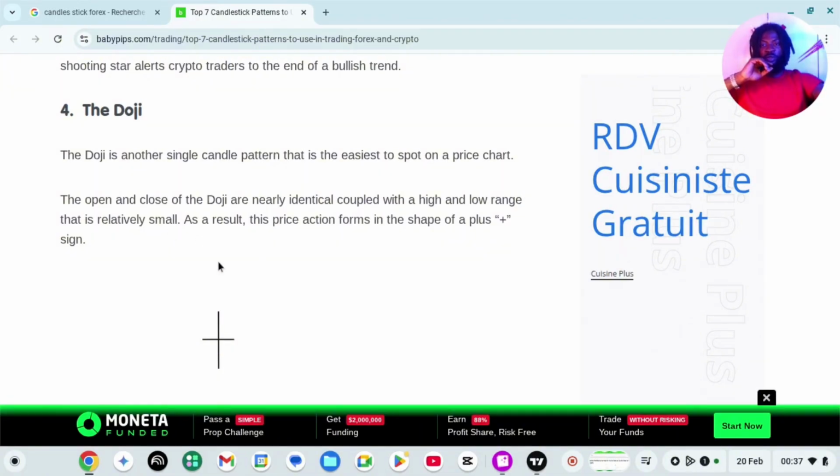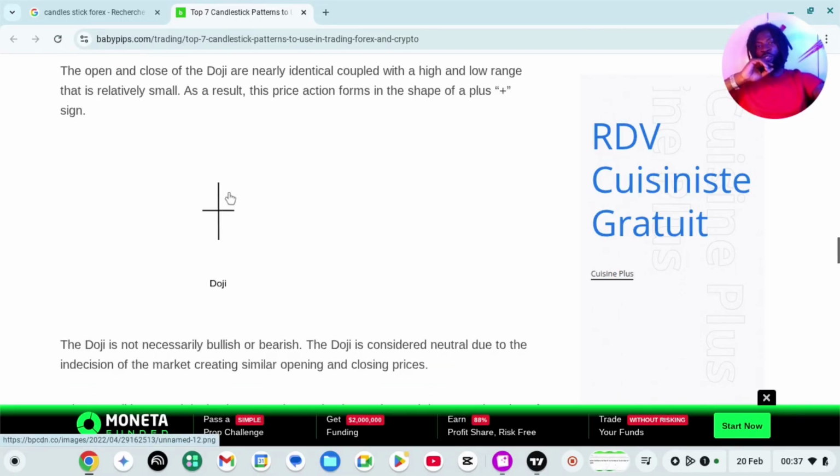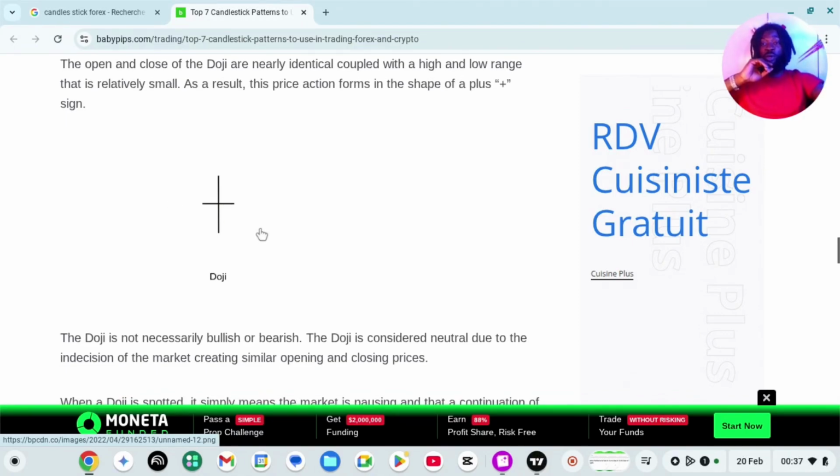As a result, the price action forms in the shape of a plus sign. Okay, this is a doji. There are different forms of doji, but most of the time it forms like just a plus or a cross, whatever you can call it.